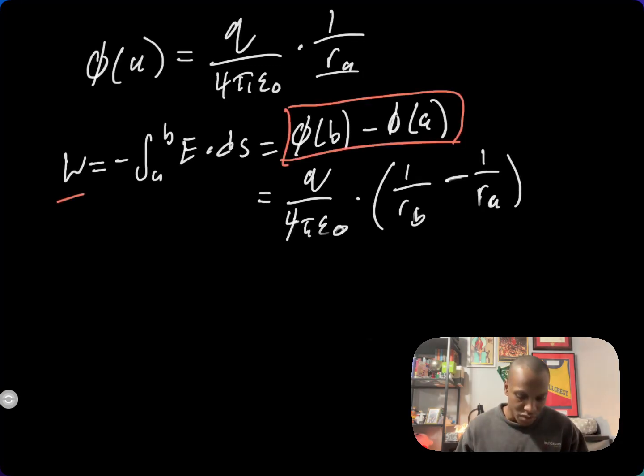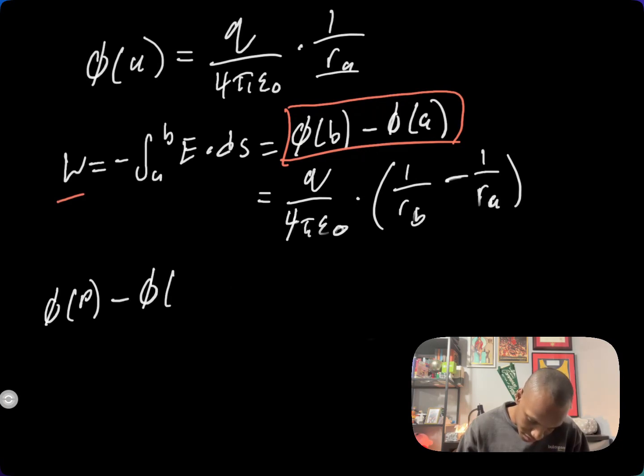So now we have an equation for work in terms of this function phi, but we can simplify this more. We can say that phi at some point P that we're interested in, minus phi at some source point P naught, is equal to the same integral, but this time from P naught to P of E ds, and this thing is negative.